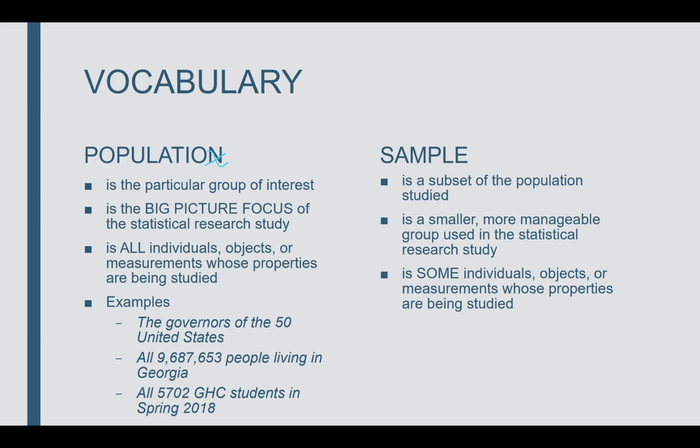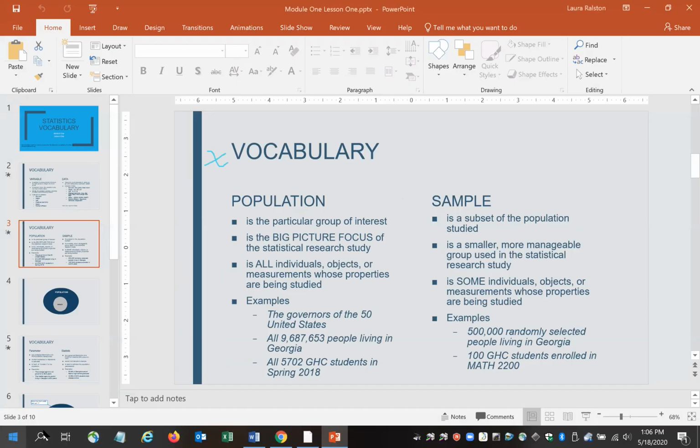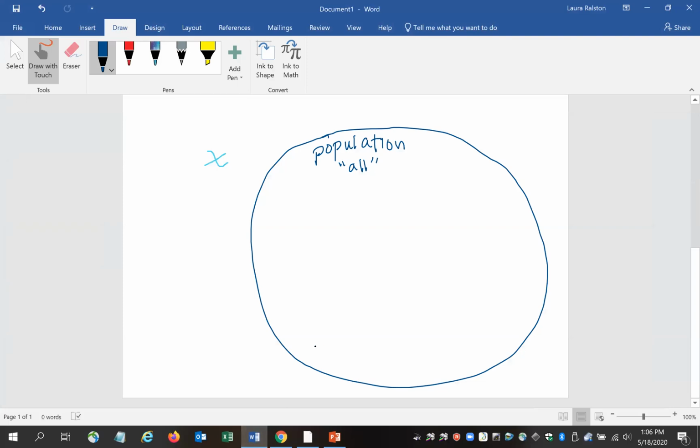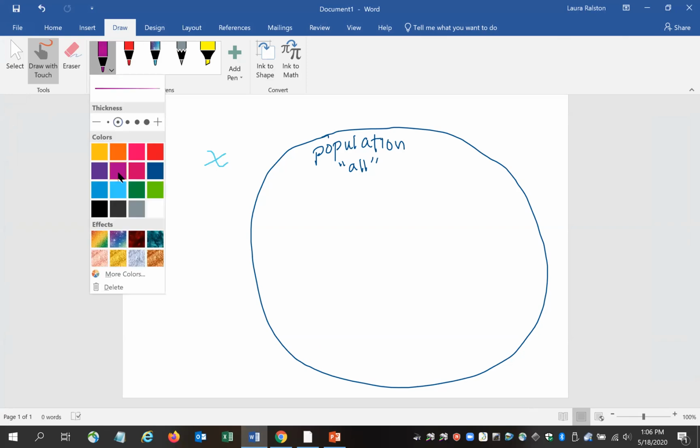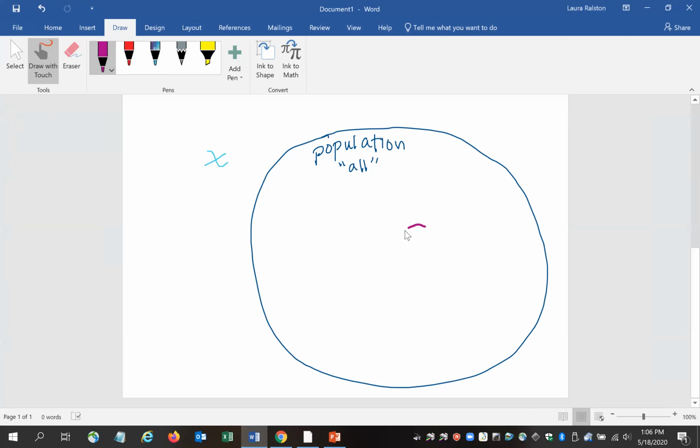Okay, so if you think about it in terms of our picture that I was drawing, you have your population, but again, that population may be hard to manage because of its size. And so what researchers do is they come in and they choose from within that population a smaller group that is more manageable.